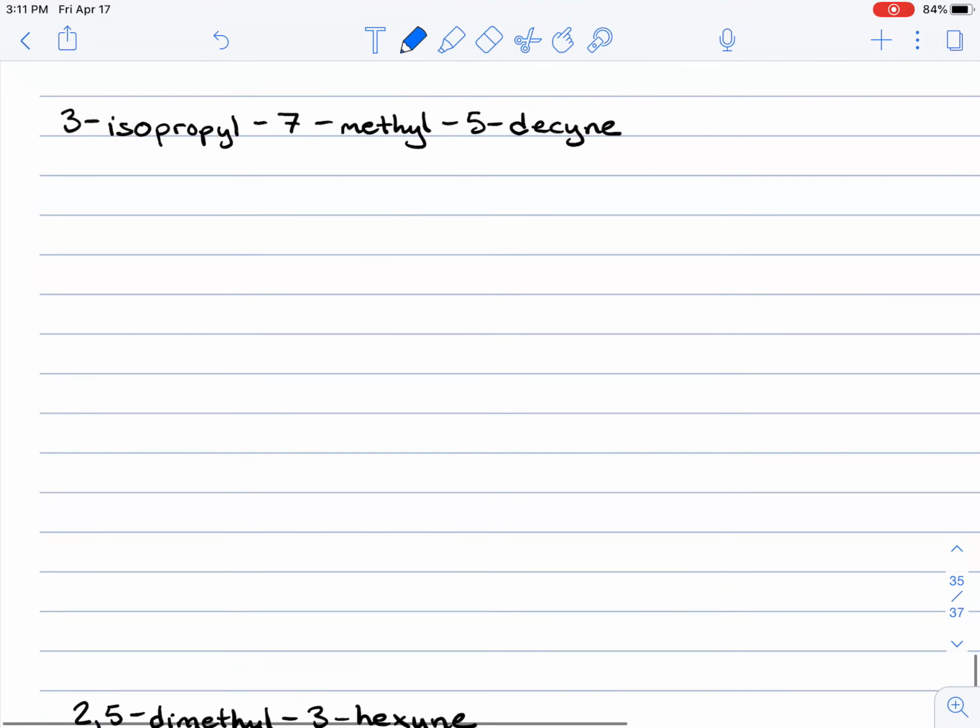So here we have a decyne. Remember, if you look, there's no A, it's decyne. You only put deca if the yne is plural, if you have two or more triple bonds. Okay, so like decadiene, decatriene, decatetraene. But if it's just one triple bond or one double bond, there's no A.